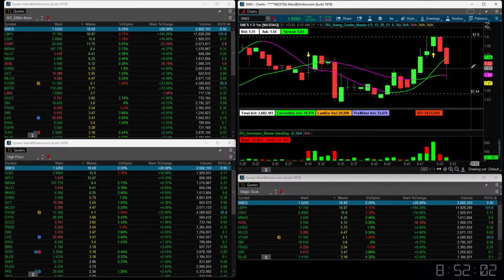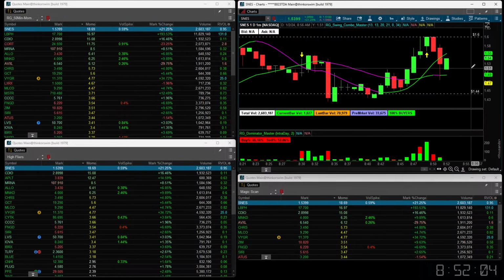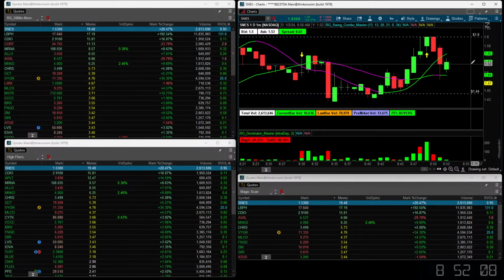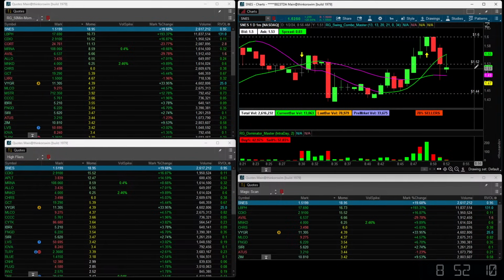Not very much on this one, maybe 6 cents if it bounces up. This candle did close. I'm going to mark it. Let's see if we can stay above it.